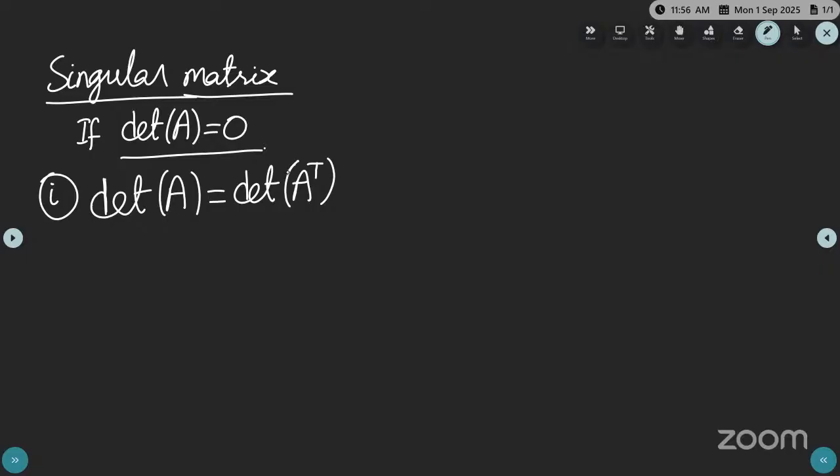Determinant can be obtained only for square matrices here in this concept up to this level. So determinant of A equals determinant of A transpose. Next.